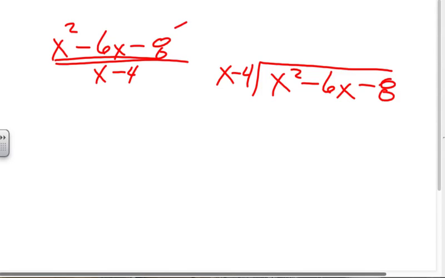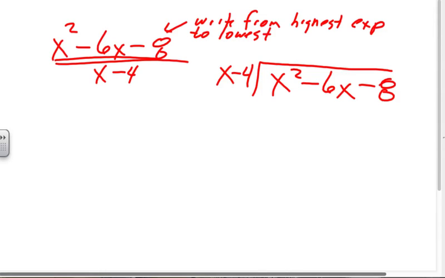Now you want to check this: you're always going to want to write this from highest exponent to lowest. And if you're missing an exponent, like an x squared or an x, put in a 0. I'll show you how to do this in just a bit.